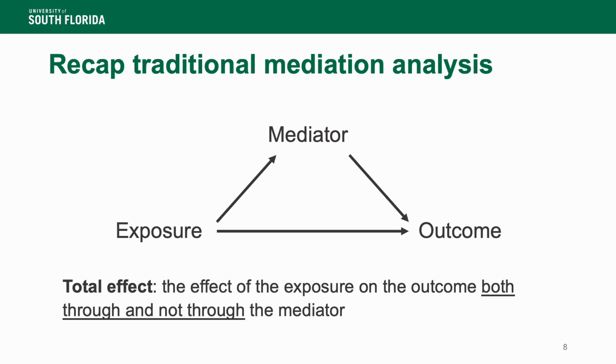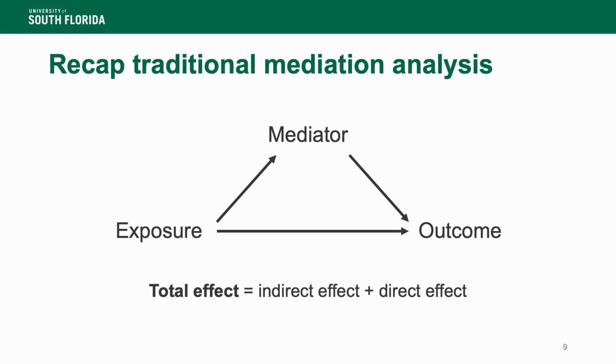The total effect is the effect of the exposure on the outcome, both through and not through the mediator. Therefore, both the indirect pathway of the exposure to the outcome through the mediator and the direct pathway of the exposure to the outcome contribute to the total effect.